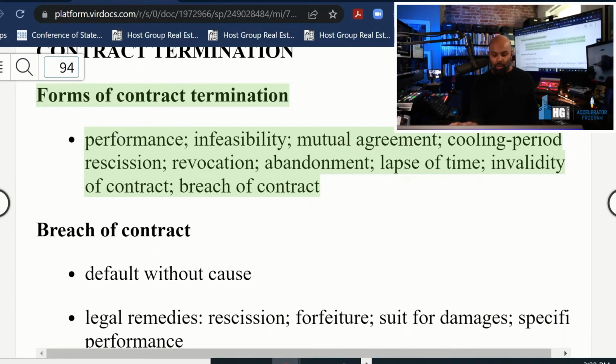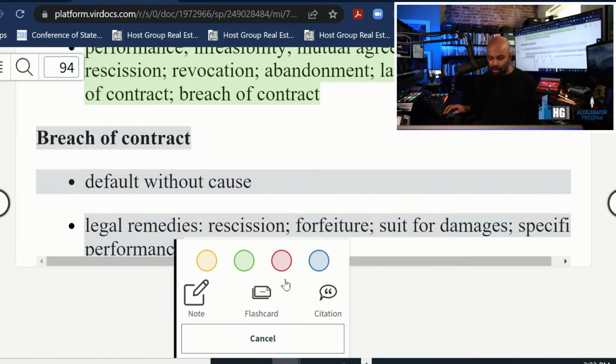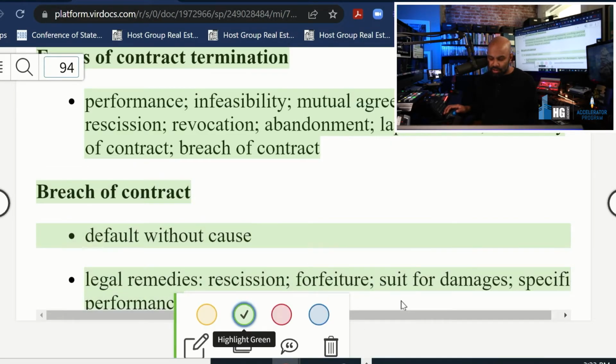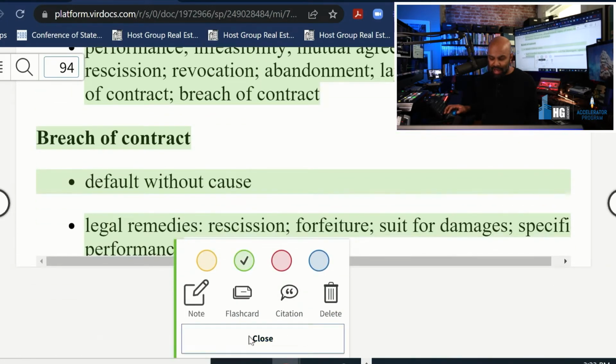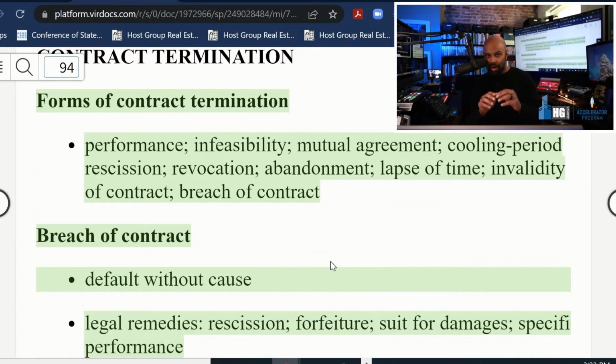Number one, with a breach of contract, there was a default without cause. And legal remedies could be rescission, forfeiture, suit for damages, liquidated damages, and a suit for specific performance. Again, breach of contract is very popular on exams. So these are things that you definitely want to make sure you have for contracts. And that wraps up our contract flash review.